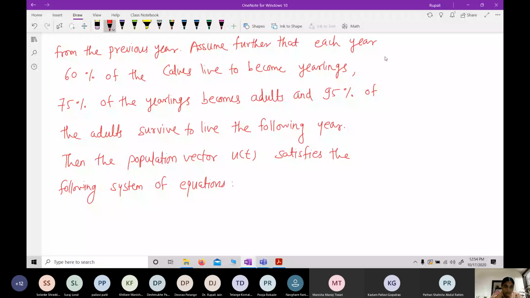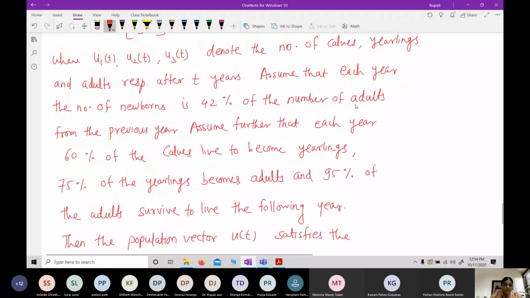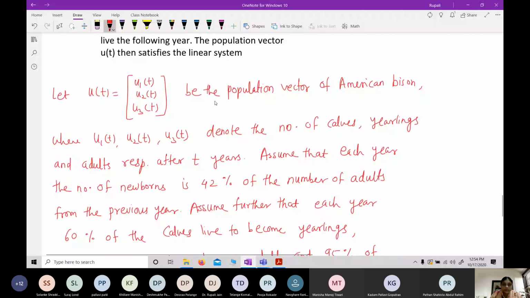Okay, first try to understand this. We are saying let u_t be the population vector of American bison. Bison means buffalo. Okay, where u1t, u2t, and u3t. u1t denotes the number of calves. Calves means वासरू जन्मताच. काल्स माहित आहे ना सगळ्यांना? काफ वासरू.